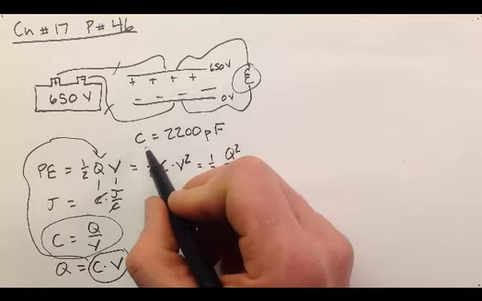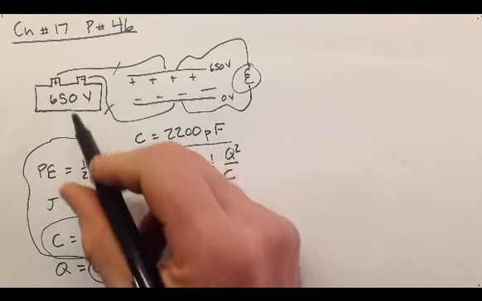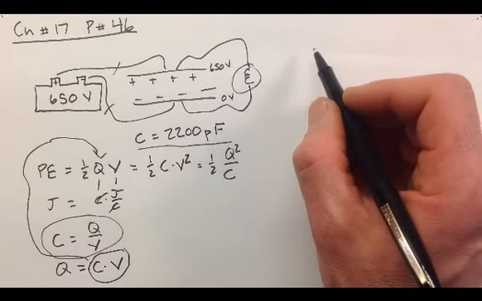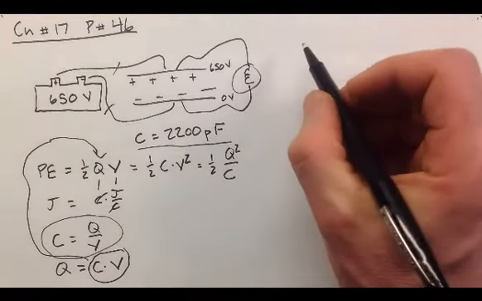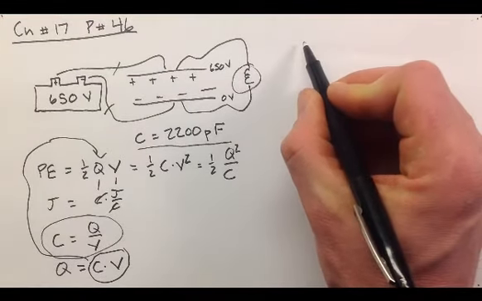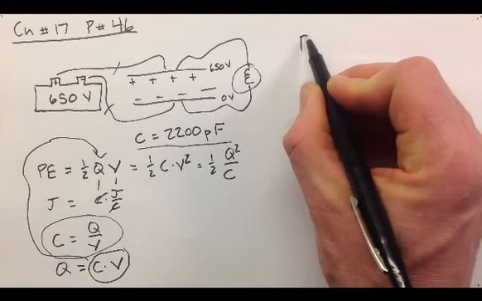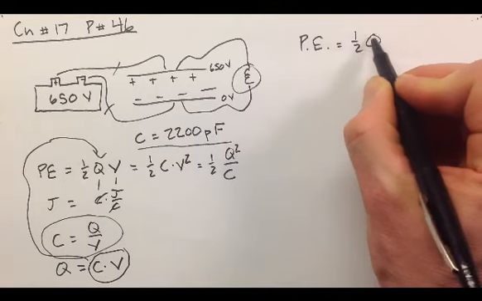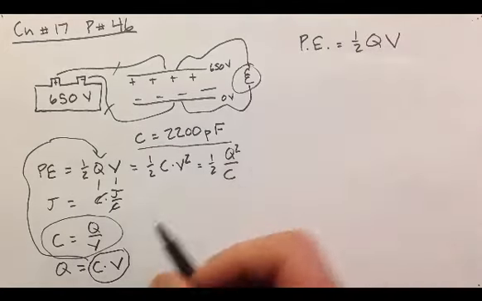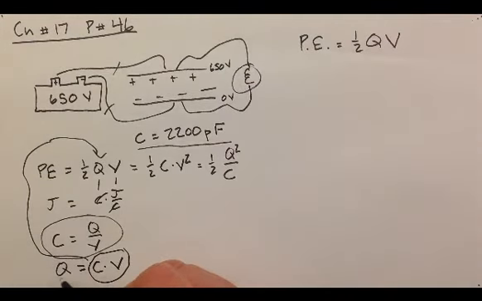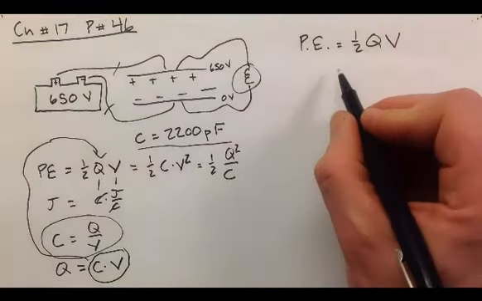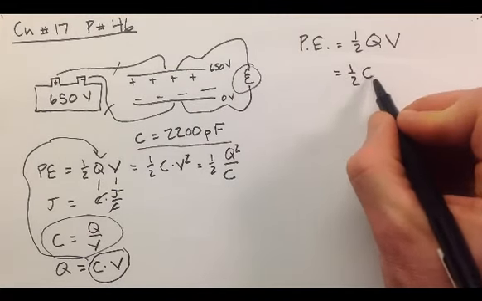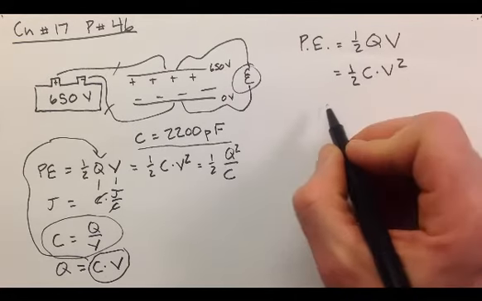We're told we have a 220 picofarad capacitor hooked up to a 650 volt battery. How much energy is stored in that system? We know the potential energy stored in that system is 1/2 QV, or if we plug in C times V for Q, 1/2 C times V squared.